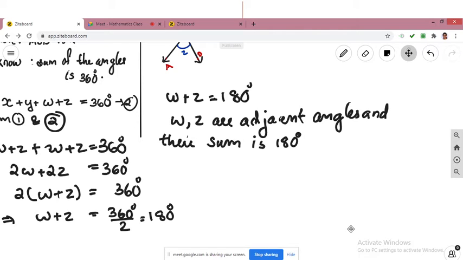So what is the linear pair axiom saying? If a ray stands on a straight line, then the sum of the adjacent angles is equal to 180 degrees.